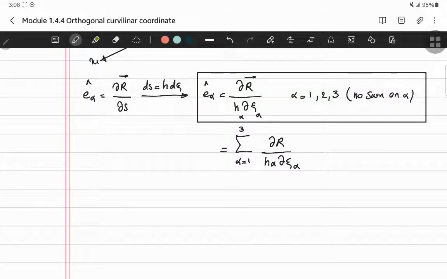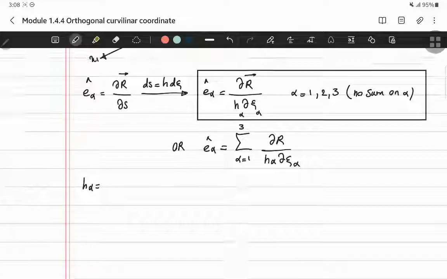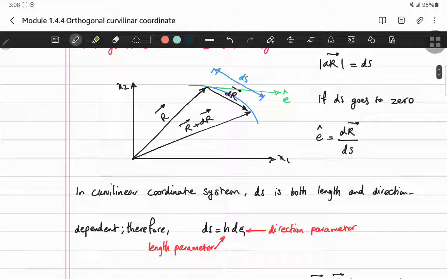All right. So what is this H alpha? Basically this H alpha is nothing but the one we have here.